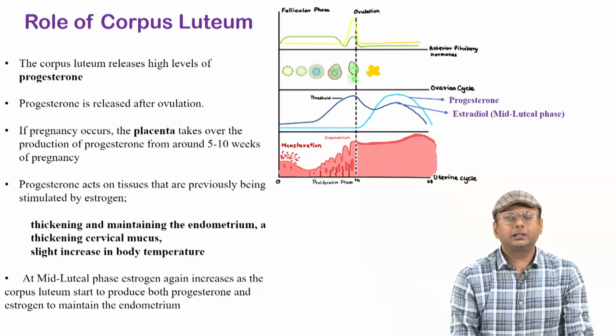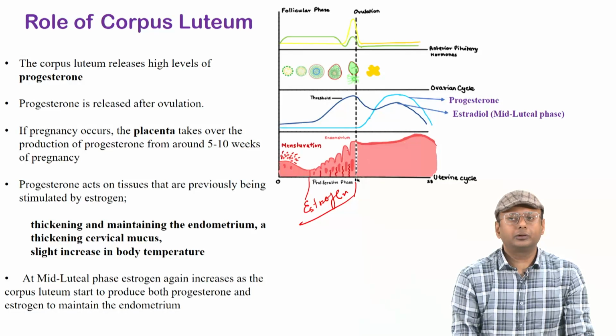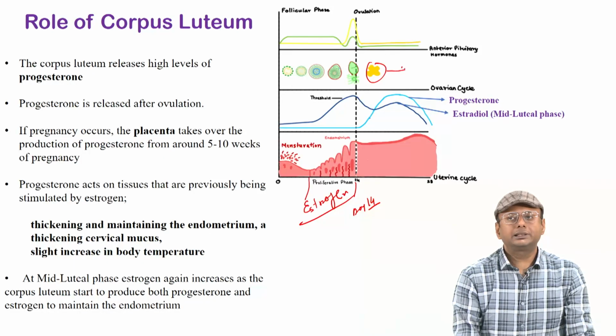Because in the early stages, estrogen was mostly responsible for uterine growth, but after day 14, once the corpus luteum forms, it secretes progesterone, and this progesterone helps in further growth of the endometrium, and it also makes the endometrium vascularized.